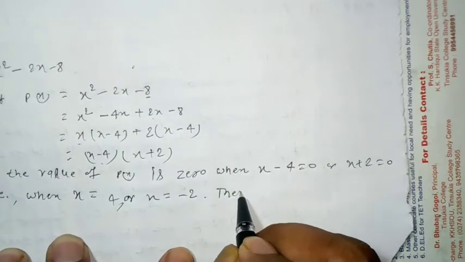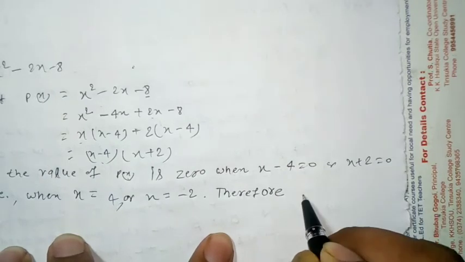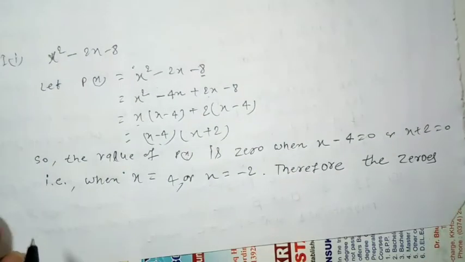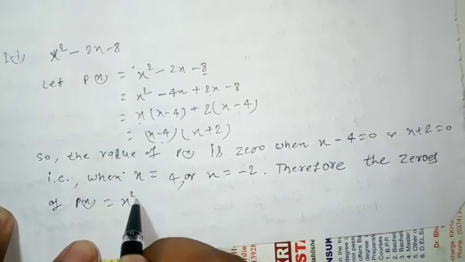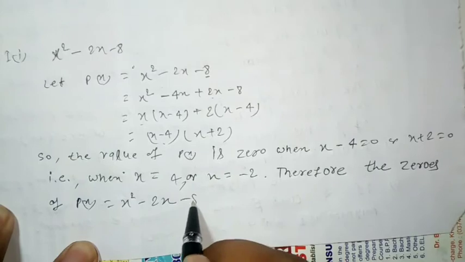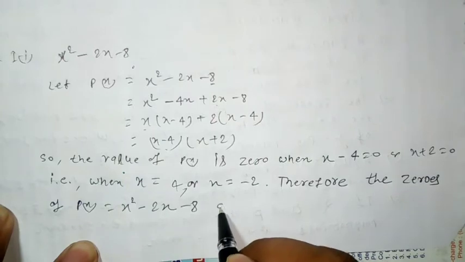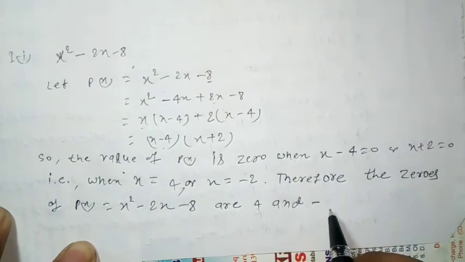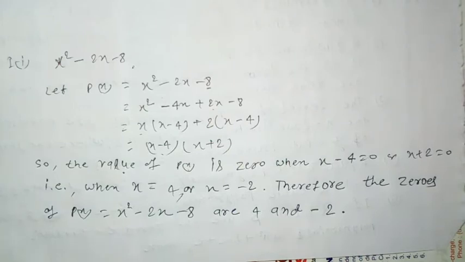Therefore the zeros of p(x), it means that x square minus 2x minus 8, are 4 and minus 2.